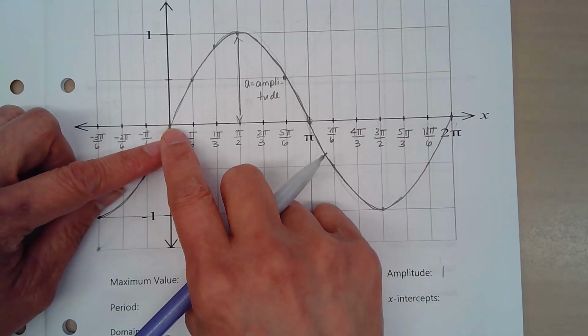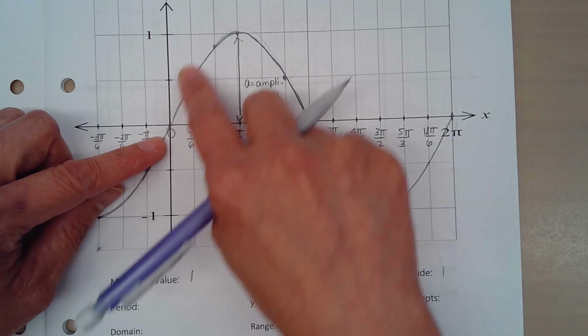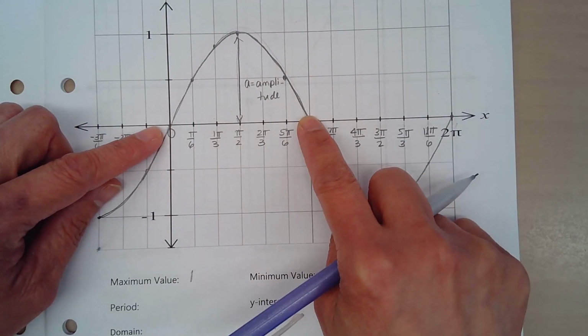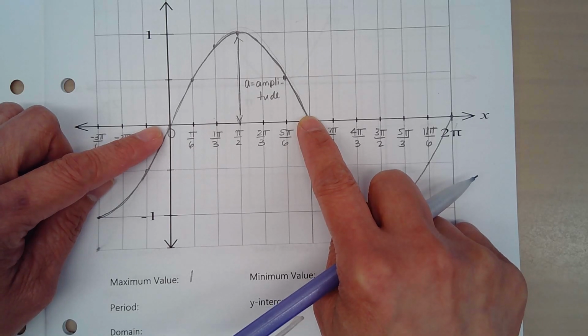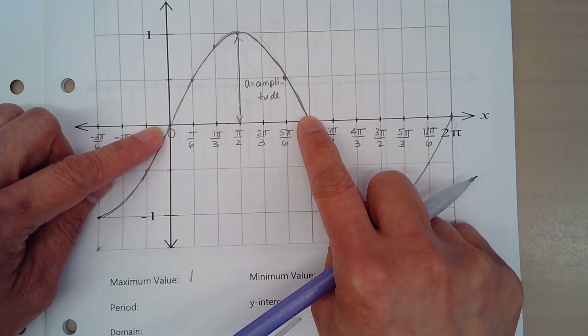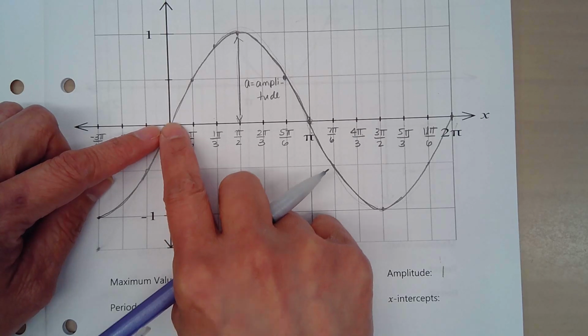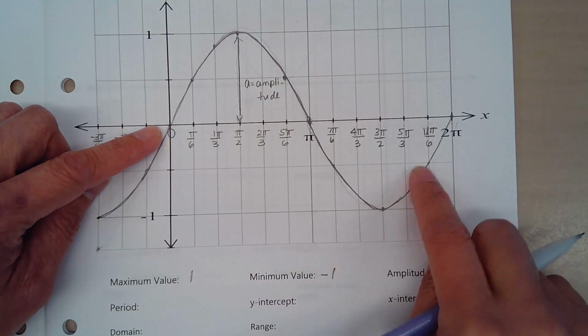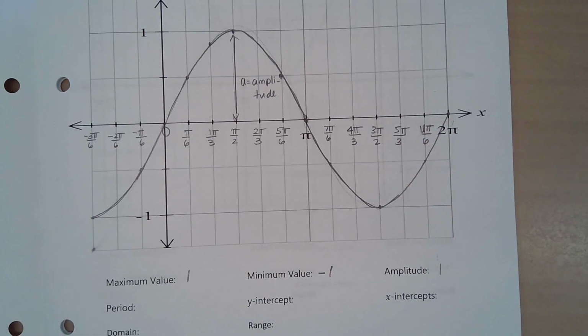How long does it take to complete one wave? From here to here, is the wave complete? No, that's like half a wave. So what's a full wave? From here, maximum to median to minimum. That's one full wave. Like, go to a Jets game or any sports game, you do the wave, right? You don't go like that. They actually go down.